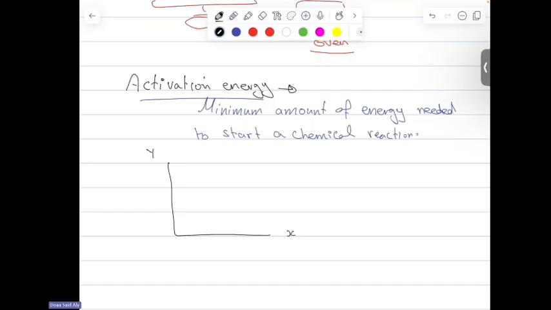What about the x-axis? The x-axis represents the progress of the reaction, and the y-axis represents the energy or the potential energy.